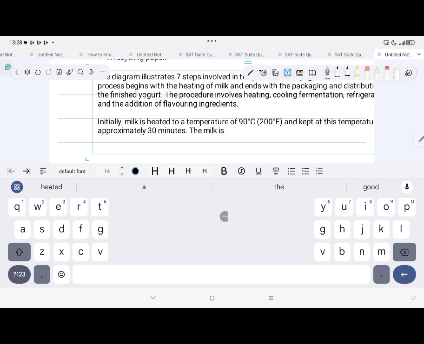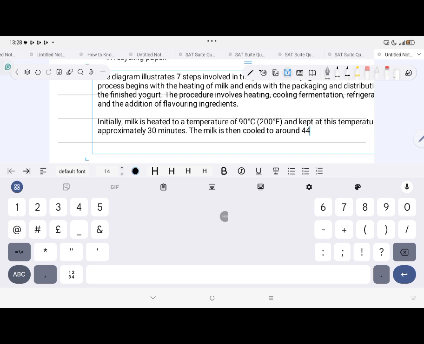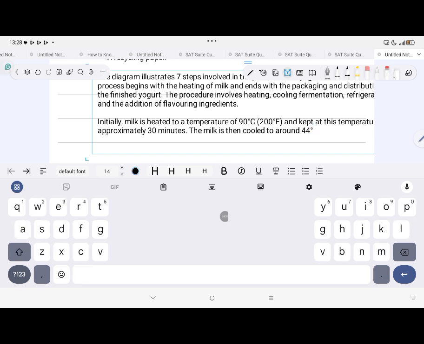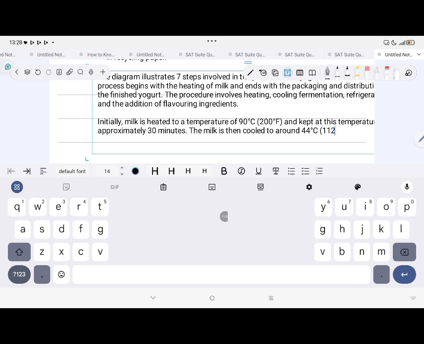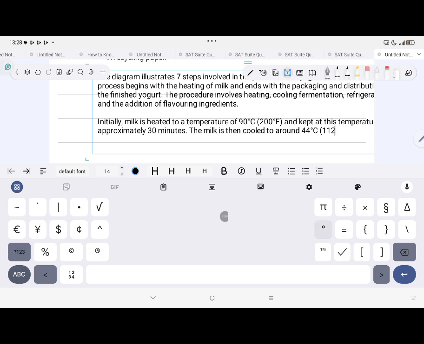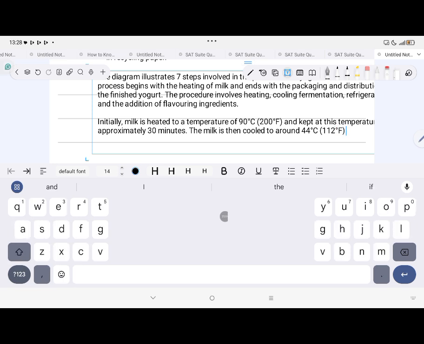The milk is then cooled to around 44 degrees centigrade or Celsius. I don't know what it is. 112, I believe it was degrees as well, Fahrenheit. Full stop.